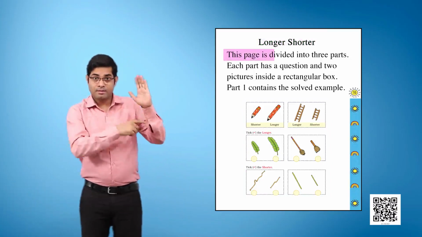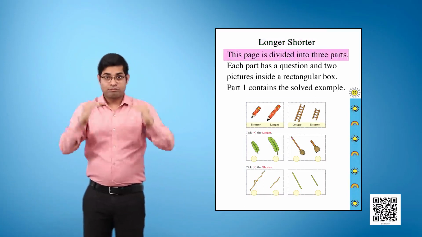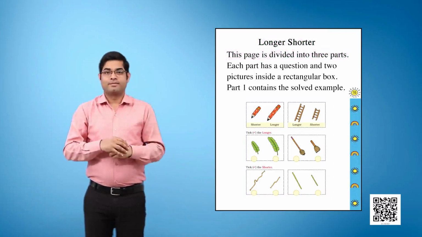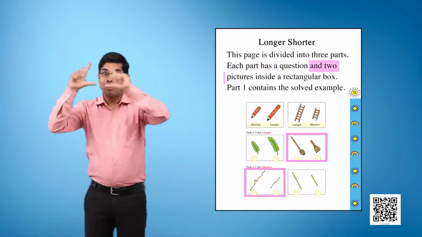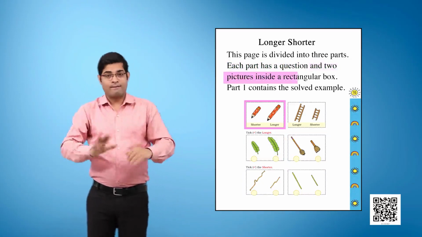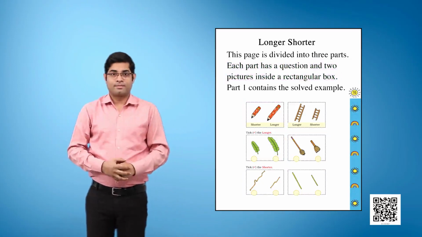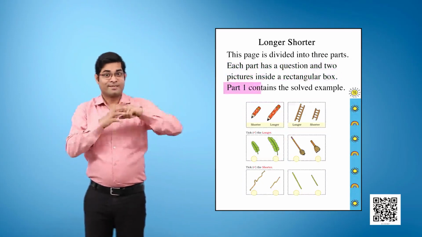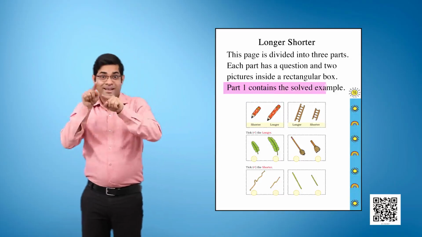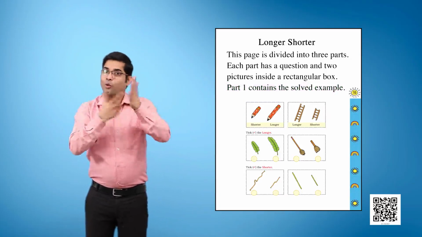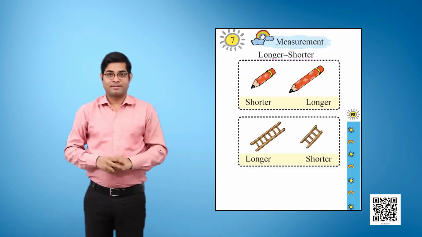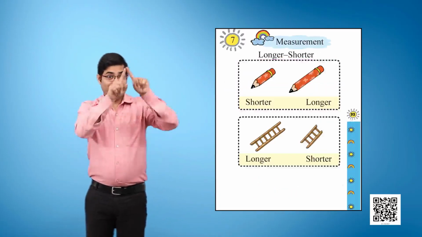This page is divided into 3 parts. Each part has a question and 2 pictures inside a rectangular box. Part 1 contains a solved example. Part 1. Solved example.